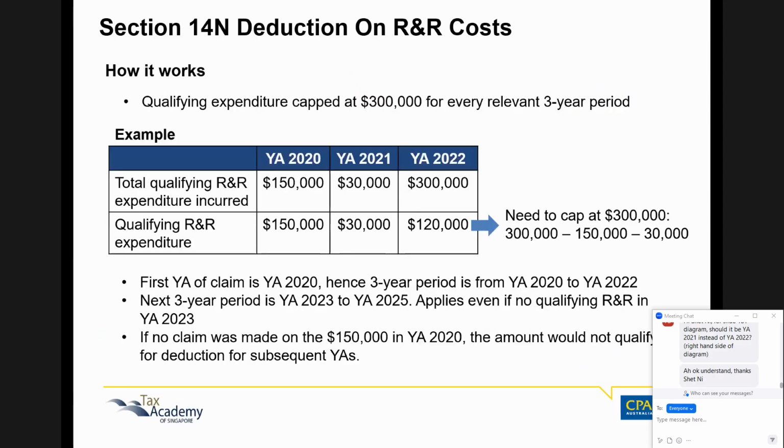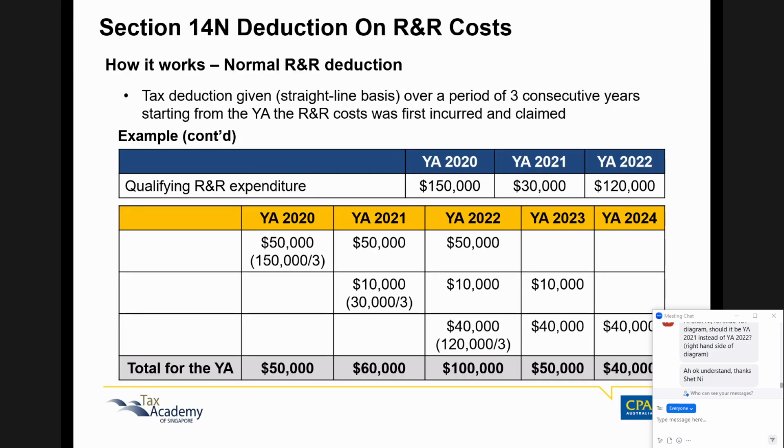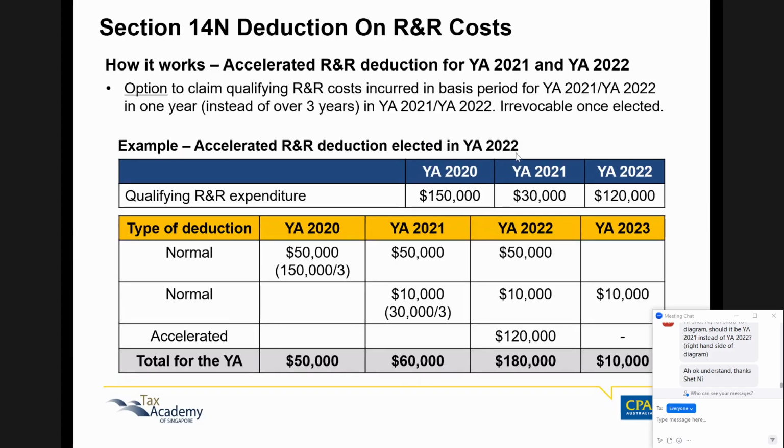Shani, can I just clarify, the total qualifying R&R expenditure incurred is for the previous years? Let's say if it's YA 22, to calculate this expenditure cap, it is YA 20, YA 21 and YA 22, the 3 years? Possible, yes. For example, in this example, for YA 2022, the 120,000, I can accelerate, right?